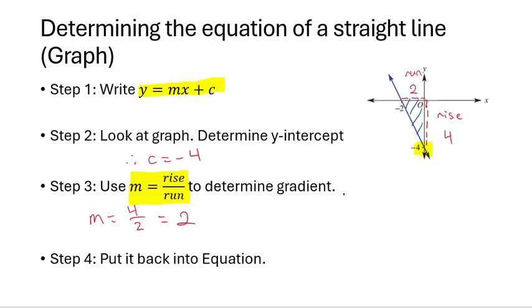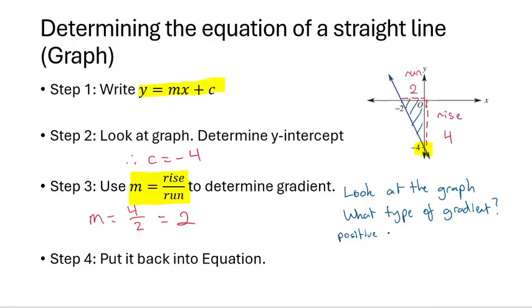But the next thing you have to do is look at the graph again and determine what type of gradient it is. So there are four options. There's positive, negative, 0, and undefined.